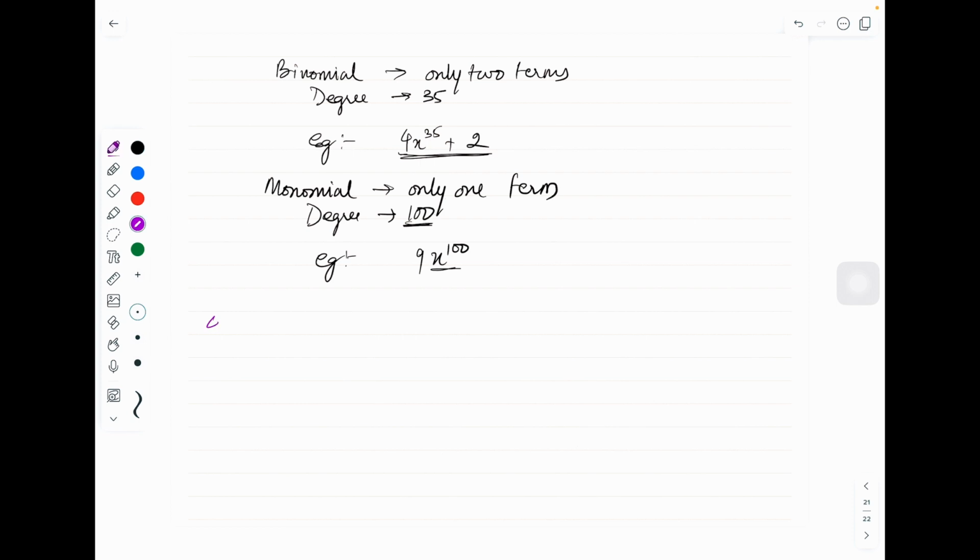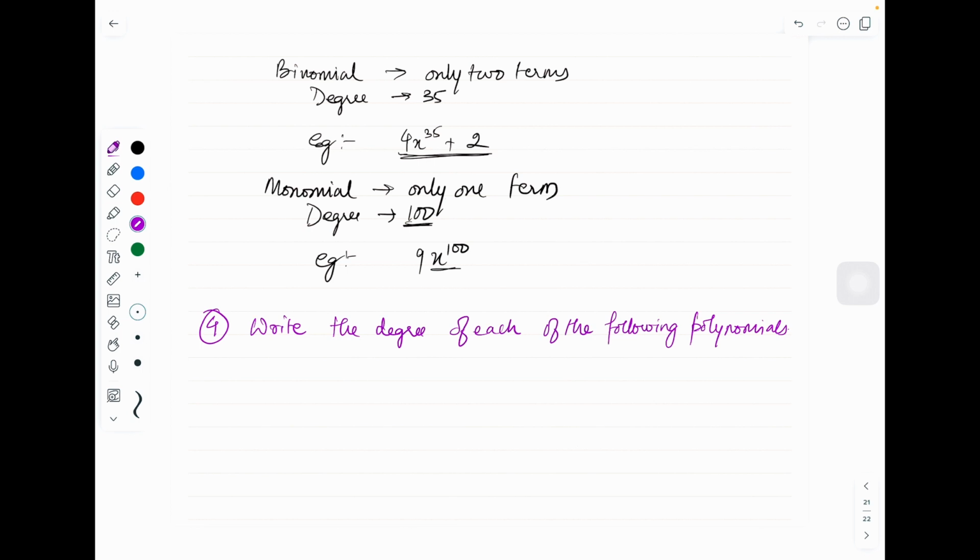The fourth question is: write the degree of each of the following polynomials. Again, we have done examples about finding the degree.